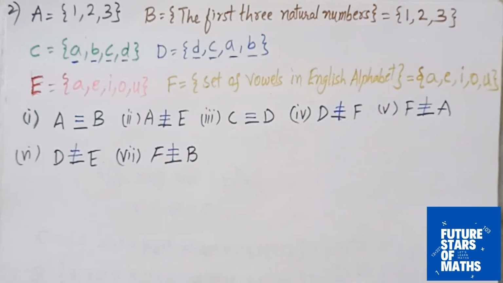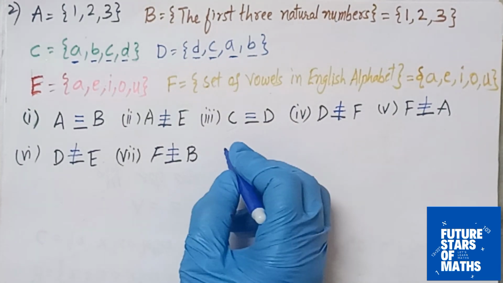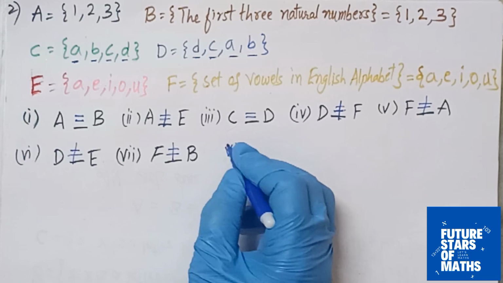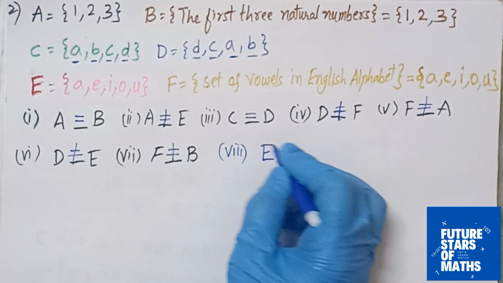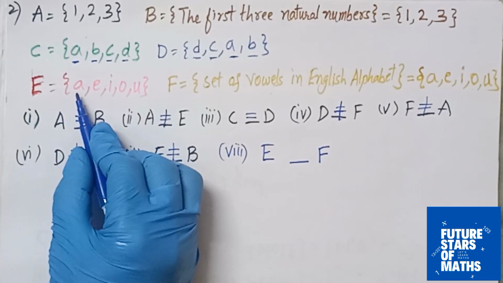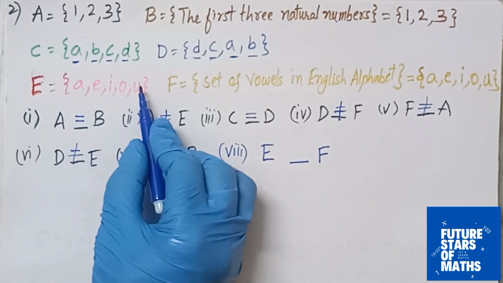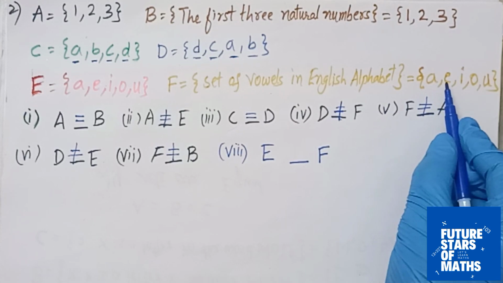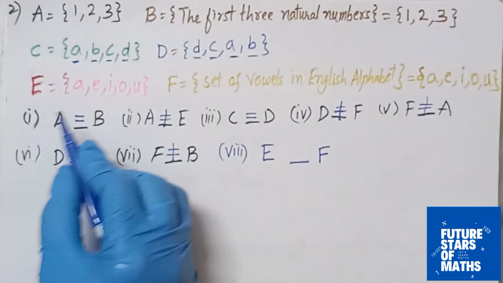Okay. Is it clear, students? Here one bit I want to add. If the question would be E and F, then what will we get? In E, how many elements are there? 1, 2, 3, 4, 5. In F, 5. Now we will check the elements.